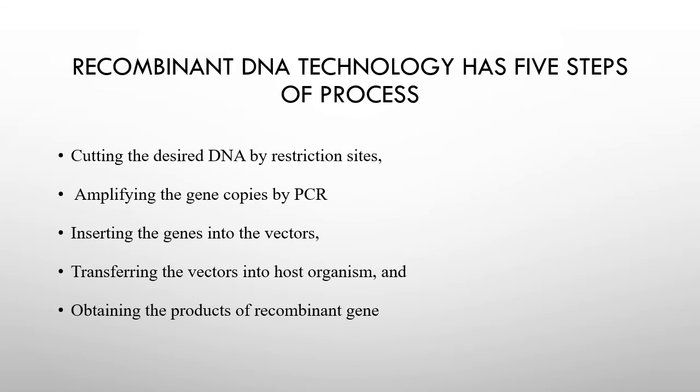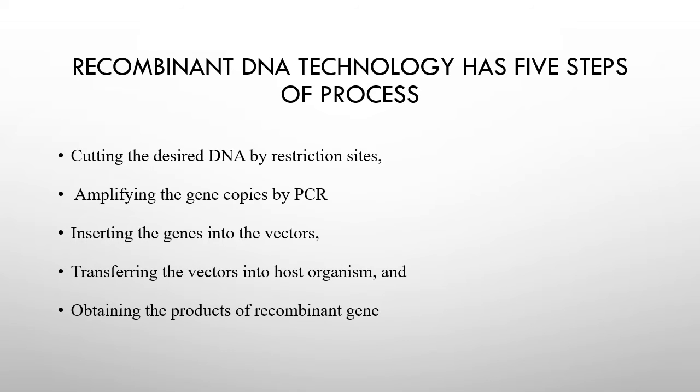And the third step is inserting the genes into the vectors. What are vectors? Basically, vectors are used for insertion of genes. We'll talk about them in detail in further slides. Then the vectors are transferred into the host organisms, and we see how we can obtain the products of the recombinant gene.